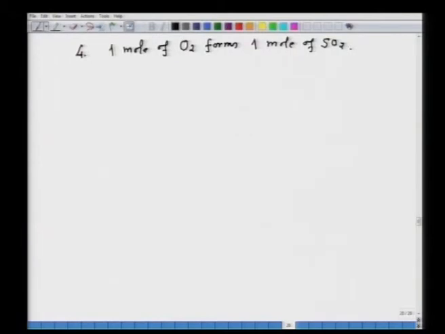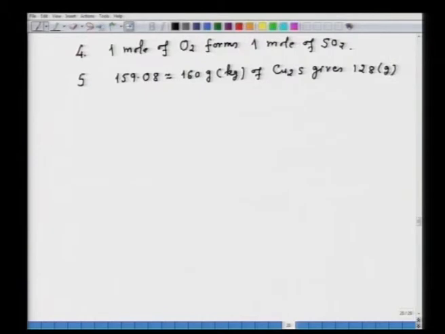You can also write it in terms of gram if you wish. So you can see from this equation that 159.08, or if you take copper molecular weight as 64, approximately 160 gram or kilogram of Cu2S gives 128 gram or kilogram of copper.